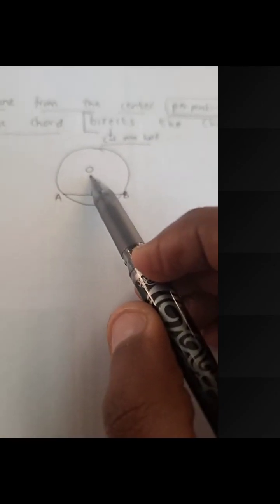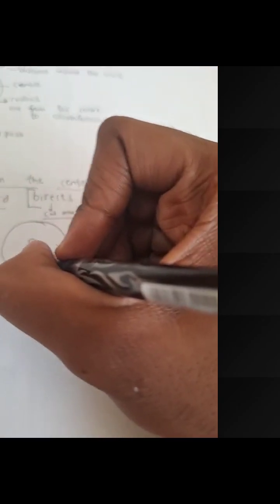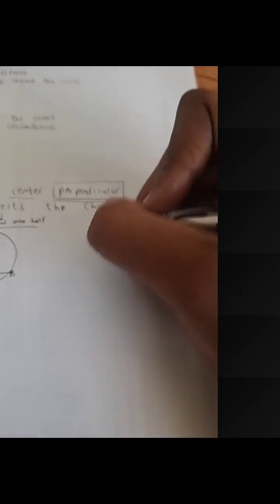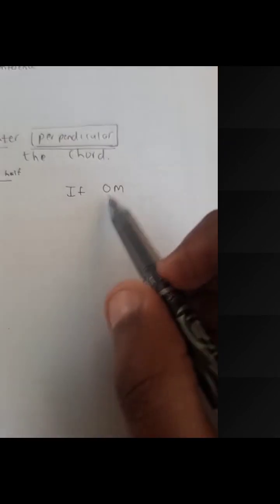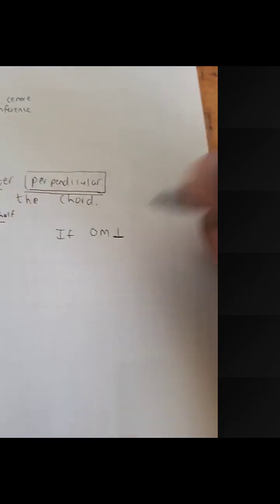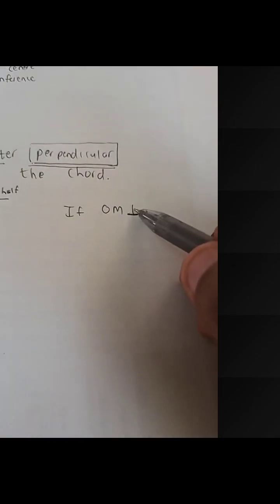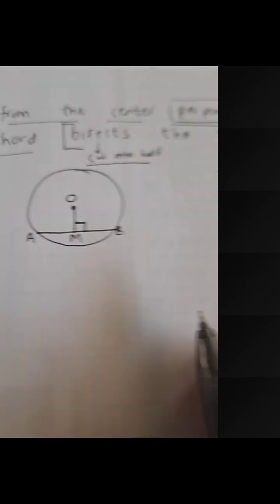So, let's just say this is M. What this theorem is saying is that if OM, the line from the center to the chord, is perpendicular, and this is the sign that we use for perpendicular, if OM is perpendicular to AB, what is AB? AB is the chord.